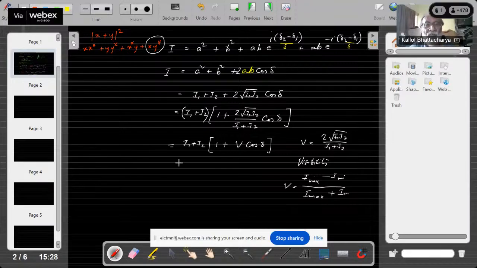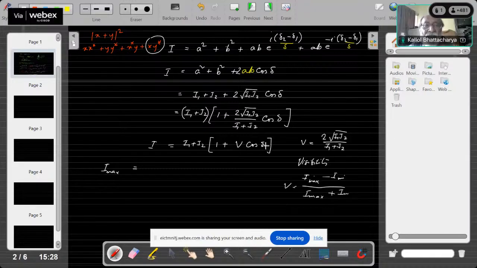So what is the maximum intensity that you can get? Let us find I max. A and B are fixed. The amplitudes of the two beams that are interfering are fixed. V cannot vary because it is also a function of I1, I2. Only delta can vary.